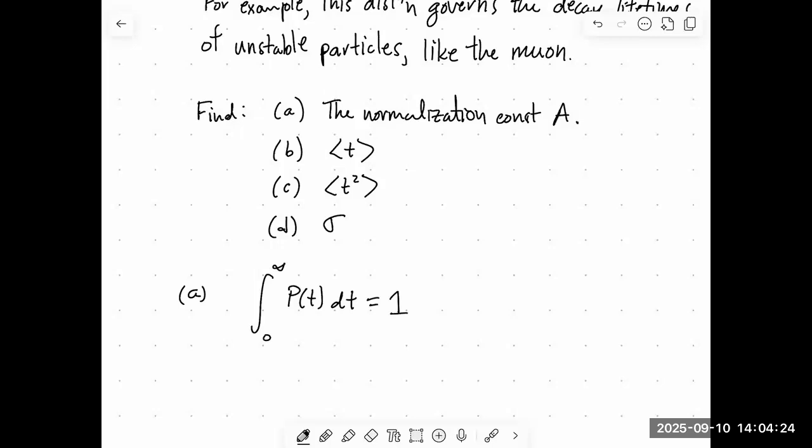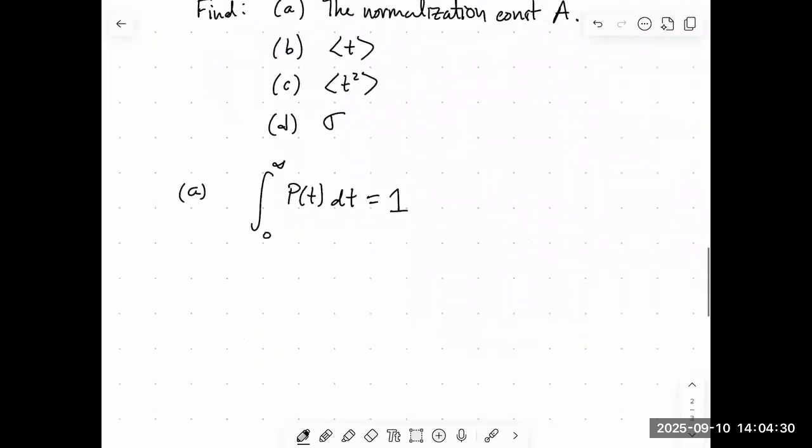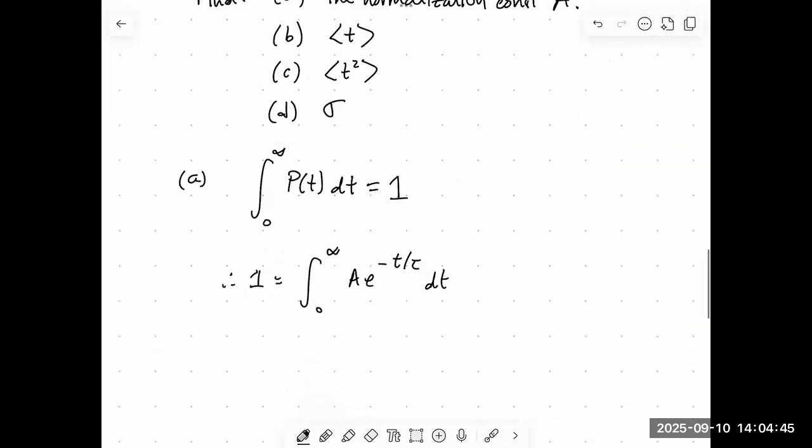So all we have to do is put in our probability density, this exponential distribution, and complete the integral. We require 1 is equal to the integral from 0 to infinity of a e to the minus t over tau, integrated over time. I think that was the right one. Yep. Okay, this is really pretty trivial.